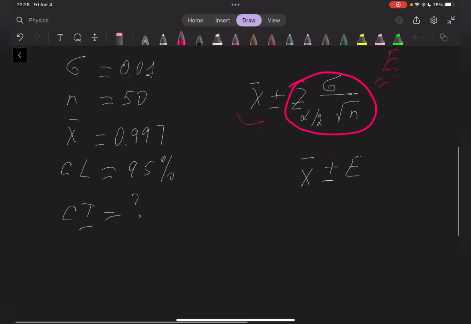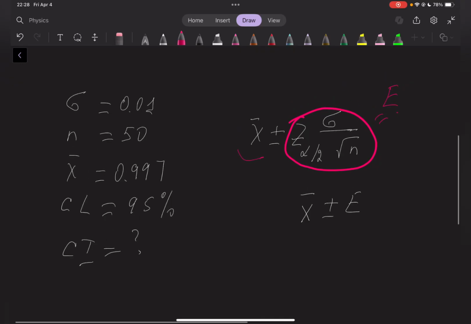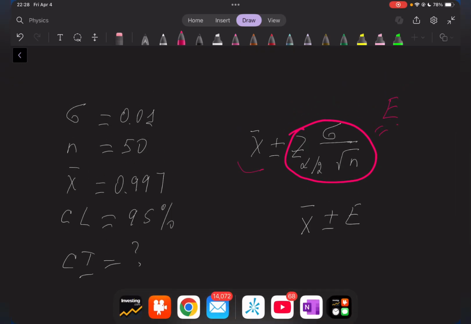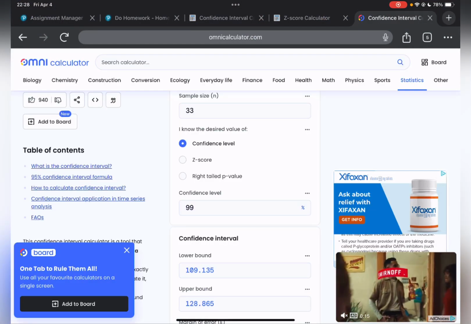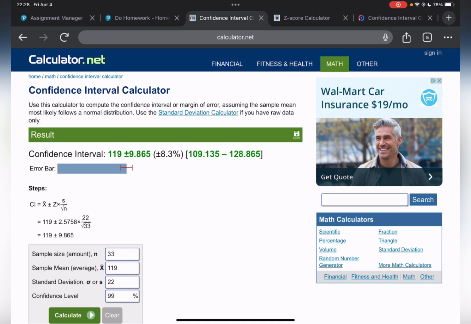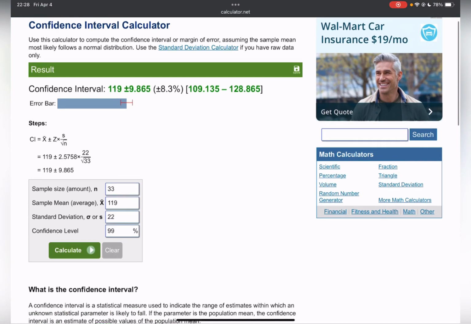So let's calculate. For the confidence interval, I'm going to plug the data I have into the calculator for confidence interval. Here we go. So let's plug it in.